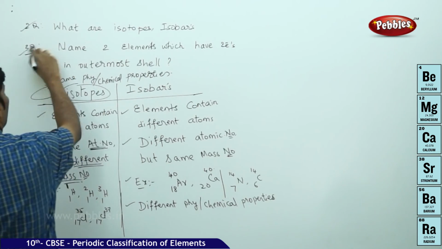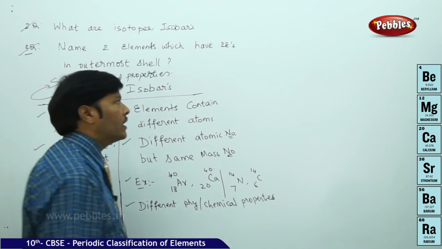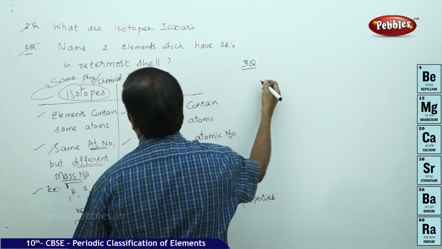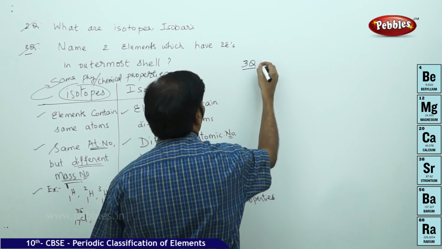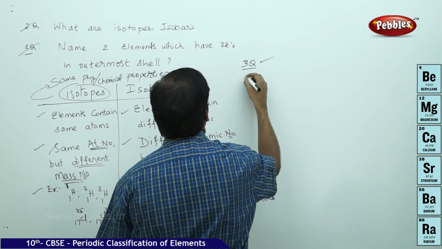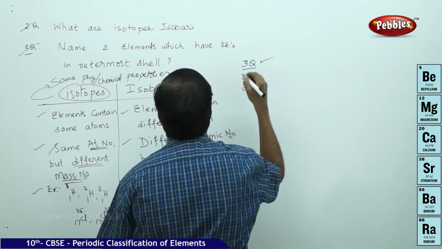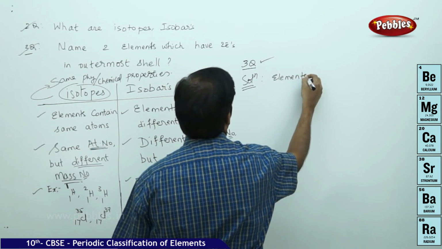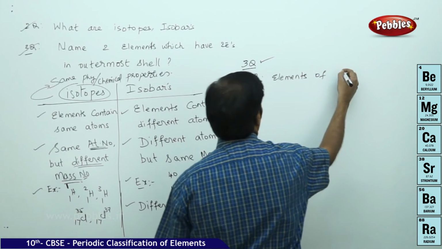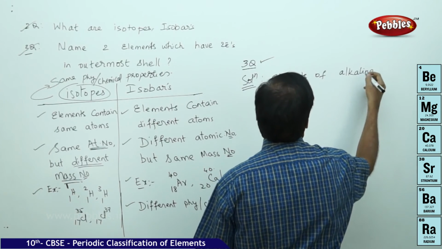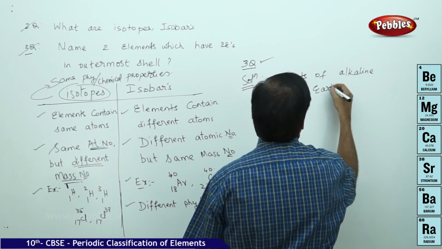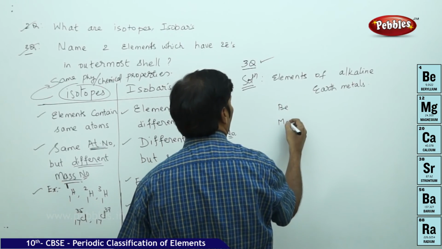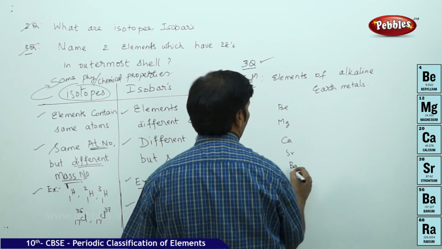Name two elements which have two electrons in the outermost orbit. For the third question solution, two electrons in the outermost orbit means it should be elements of the alkaline earth metals, like beryllium, magnesium, calcium, strontium, barium and radium.